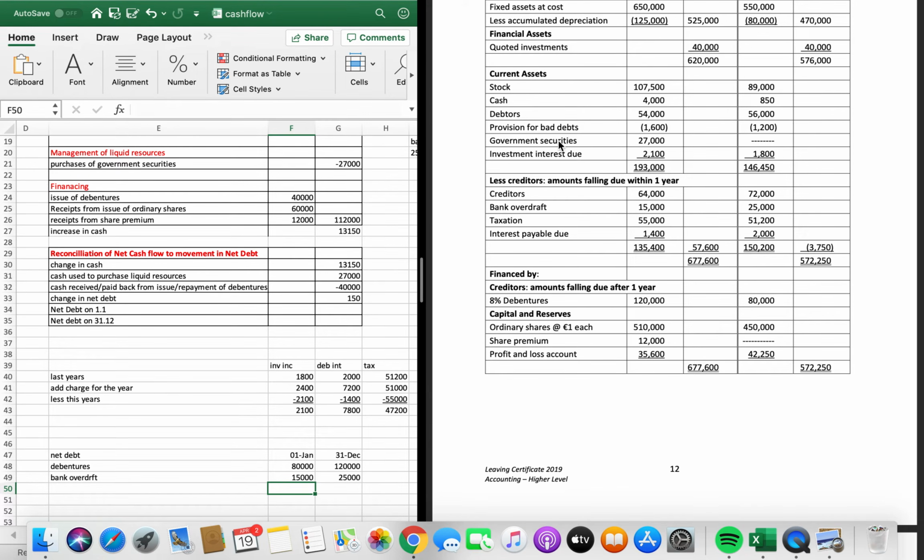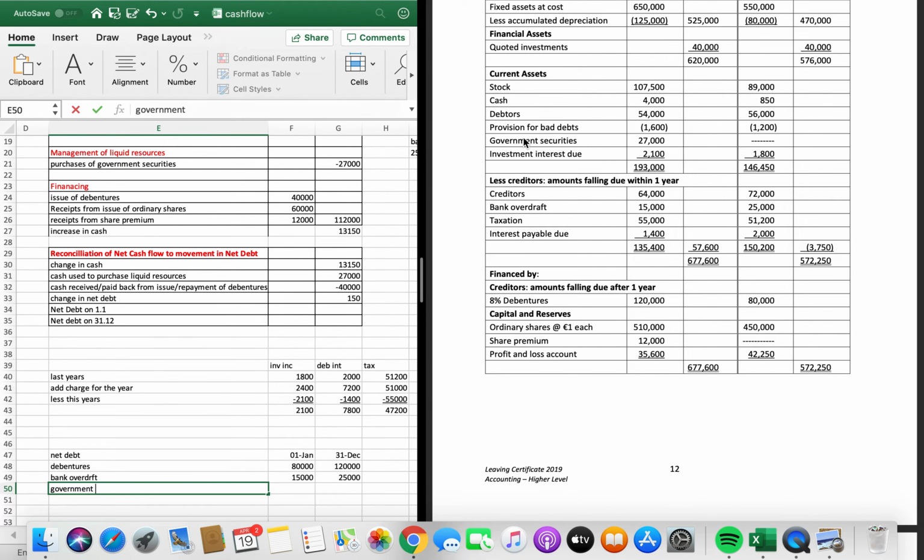Our government securities and cash are the opposite, right? So our government securities are the opposites of our debt. It doesn't really matter which you do as minuses and which you do as pluses. If you do the loans as minuses, you do the assets as pluses. If you do the loans as pluses, you do the assets as minuses. So that's the way I have it done in this case.